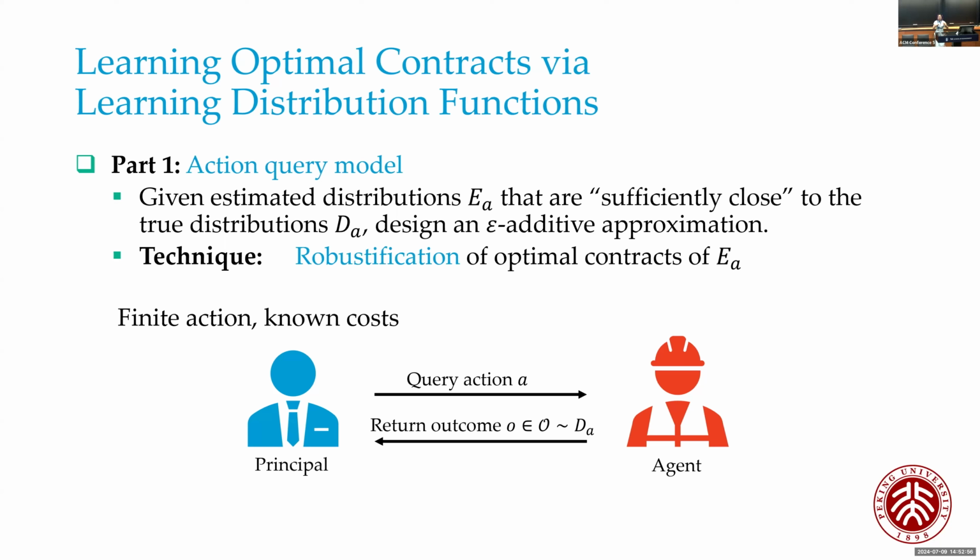Just by querying the same actions enough times. And we want to design an epsilon optimal contract from the estimated distributions. And here, the technique is a robustification of the optimal contracts of the estimated distributions.